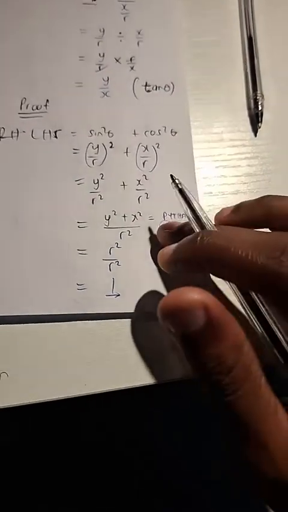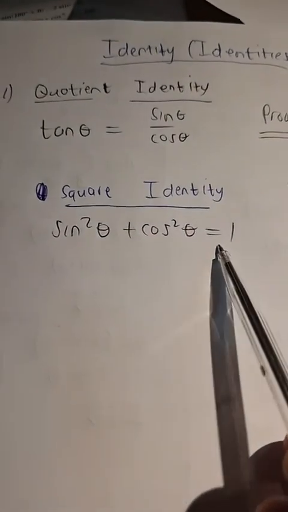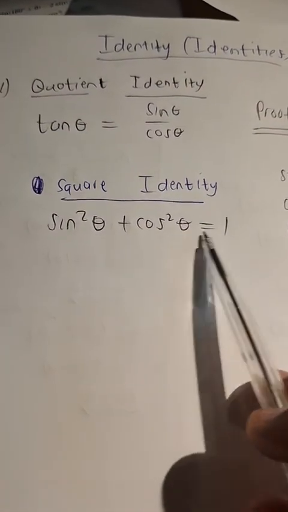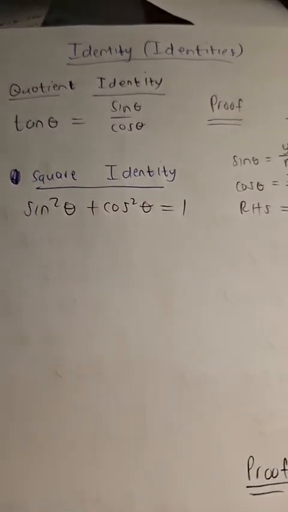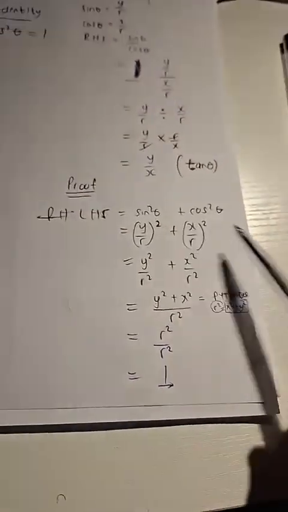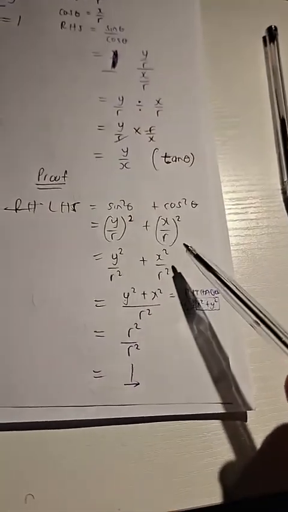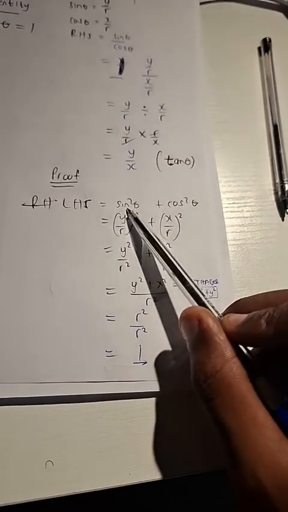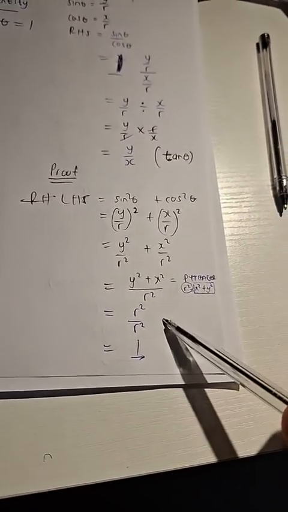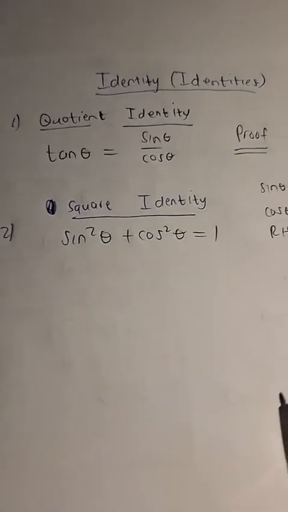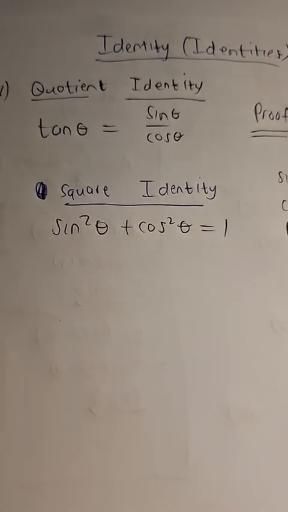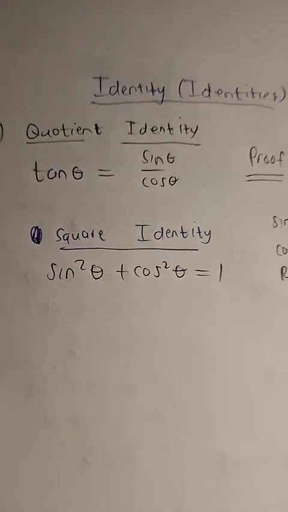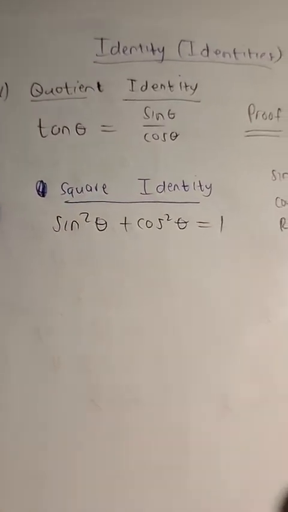But isn't that what we said about sine squared theta plus cos squared theta, the fact that it's 1? It is, so it's true. We've proven it, guys. We proved that indeed sine squared theta plus cos squared theta is 1. Now, guys, that gives us full reign to use these identities.